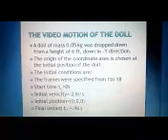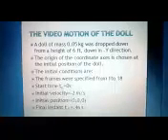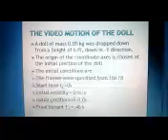To start with, in the video the doll of mass 0.05 kg was dropped down from a height of 6 feet in the y direction. The coordinate axis was chosen from the starting point of the ball.